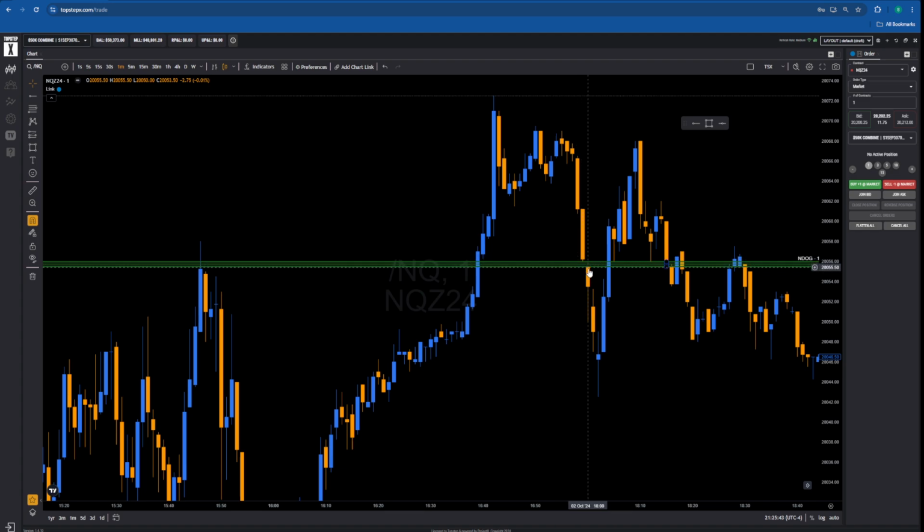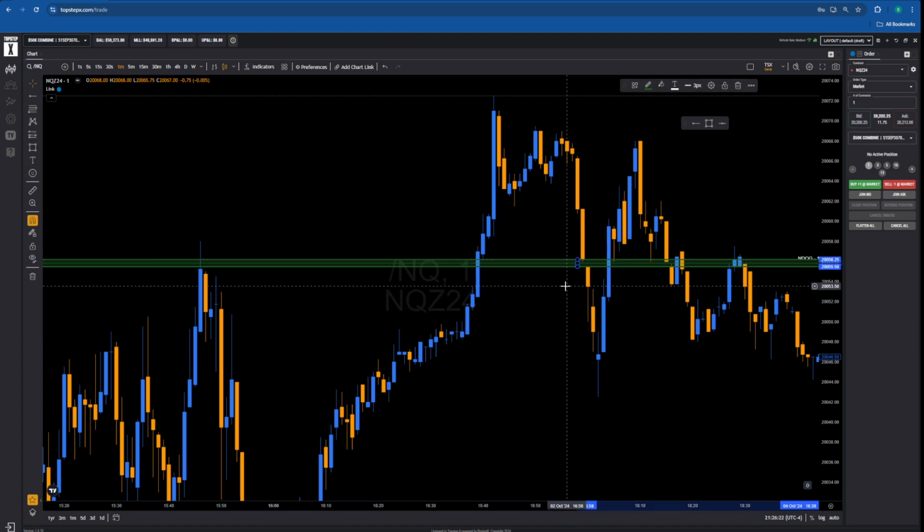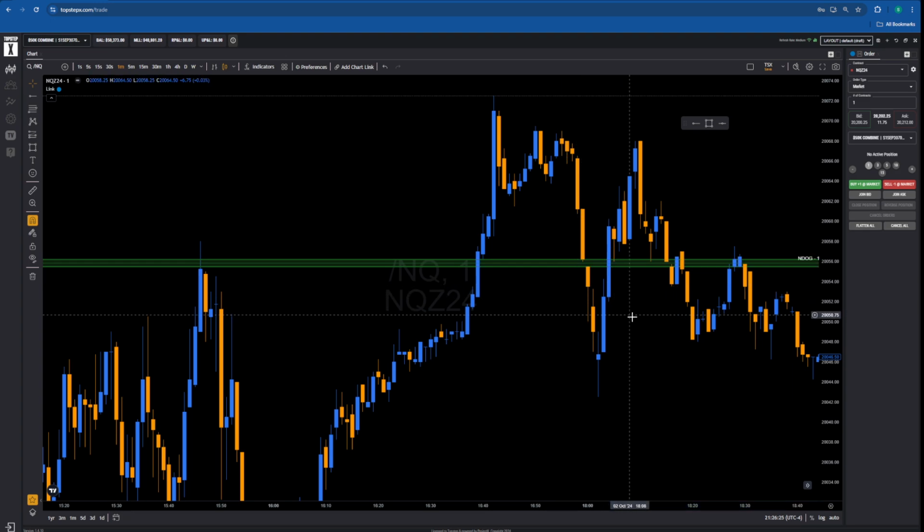The new day opening gap is basically where the market closed on the 2nd at 5 p.m. Eastern, that closing price, to the opening price of the next day. So basically there is a 1 hour gap once the session closes and then it opens, and the range between the close and the open price is what we call the new day opening gap.